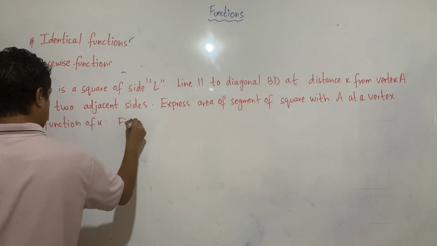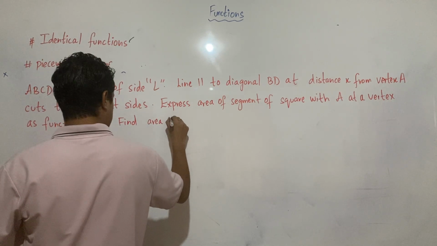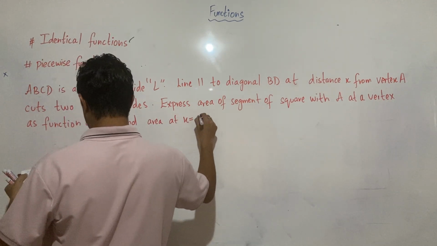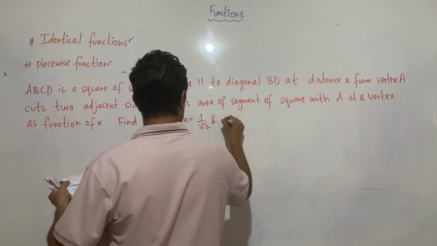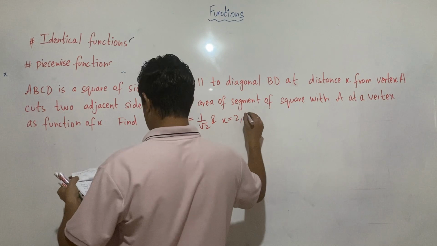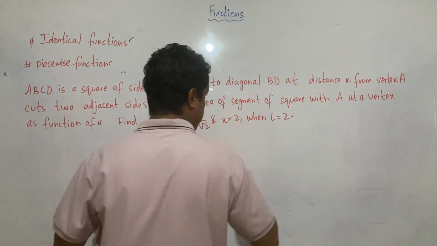Find the area at x equal to 1 by root 2 and x equal to 2 when L equal to 2.